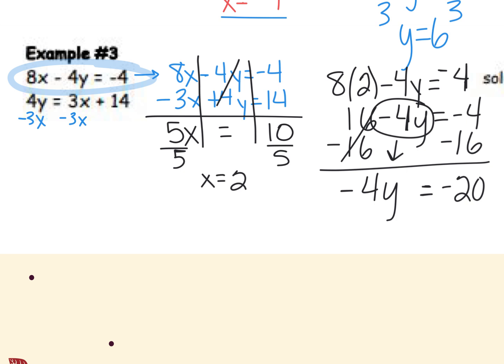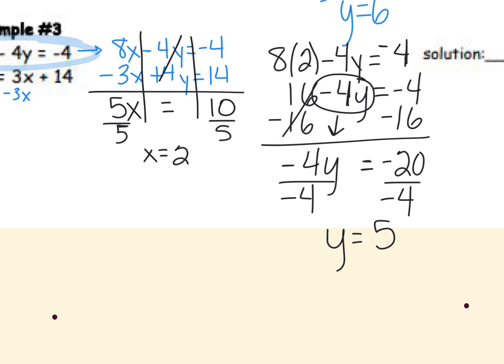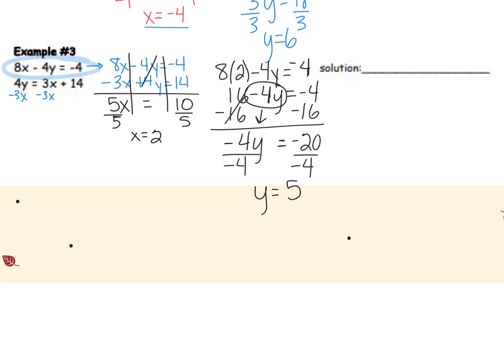So now we need to just do our division. Negative 4y, so we're going to divide by a negative 4. Remember, we don't change the sign when we divide. Negative divided by a negative is a positive. So what's our solution? 2, 5 or 5, 2? 2, 5. x, and then y always when we write our solution.